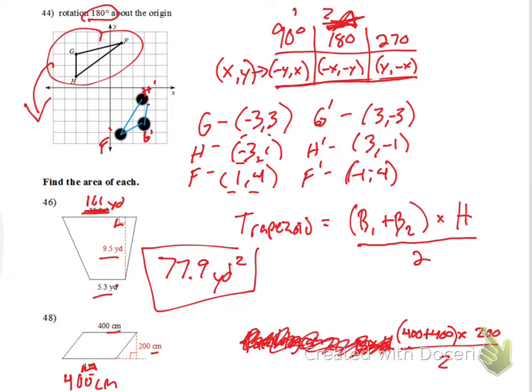So it'd be 800 times 200. It's going to give me 160,000. Divide that by 2. It's going to be 80,000. So my final answer is 80,000 centimeters squared.